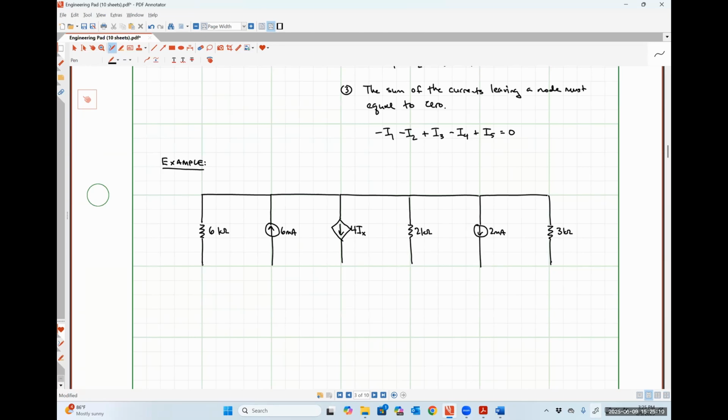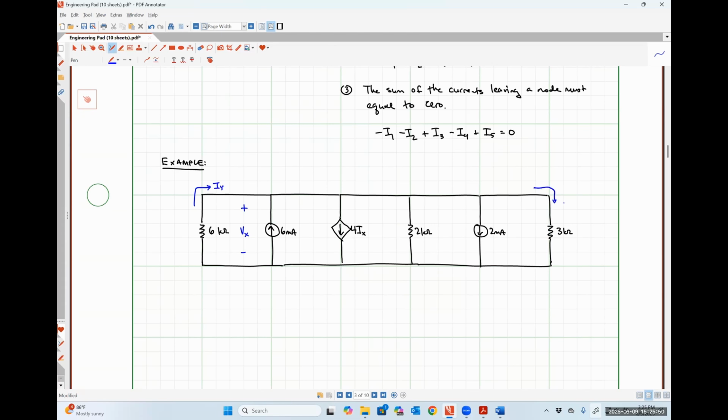And now I'm going to define a few things that we're interested in. So let's say that this voltage right here is going to be Vx. This current right here is going to be Iy.